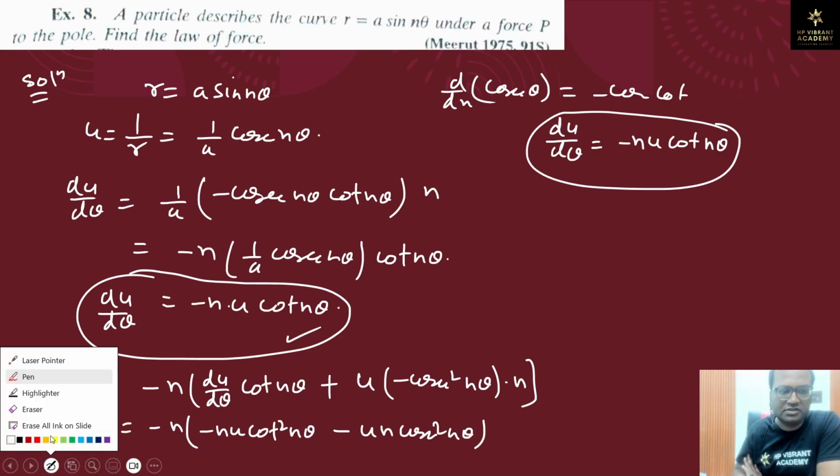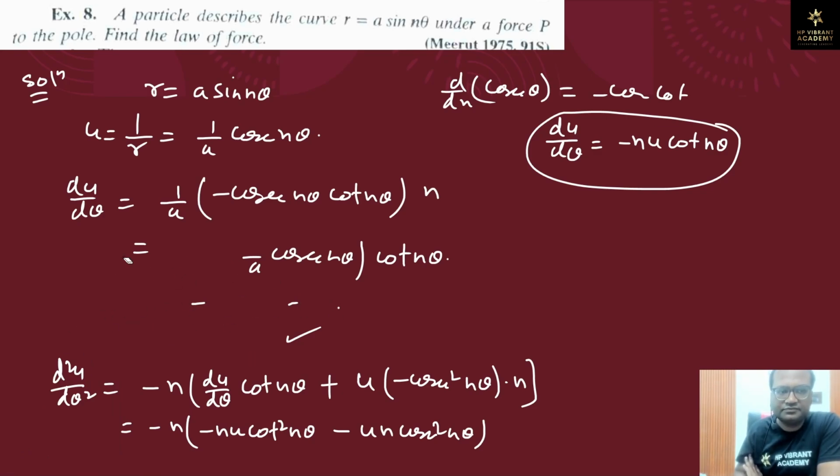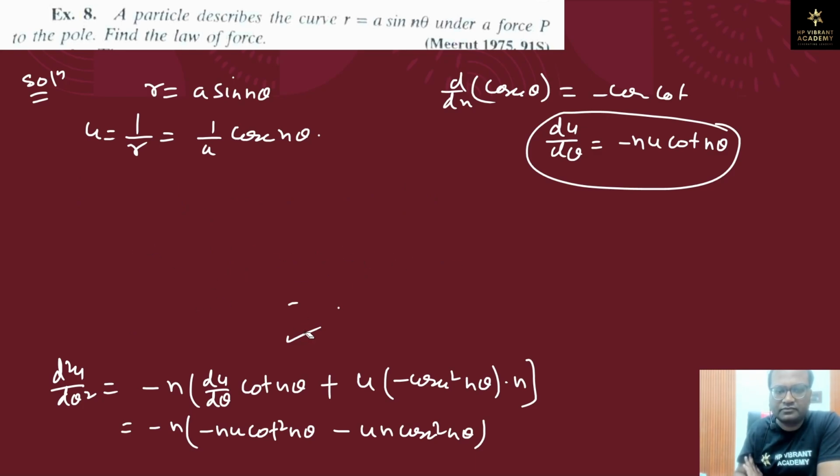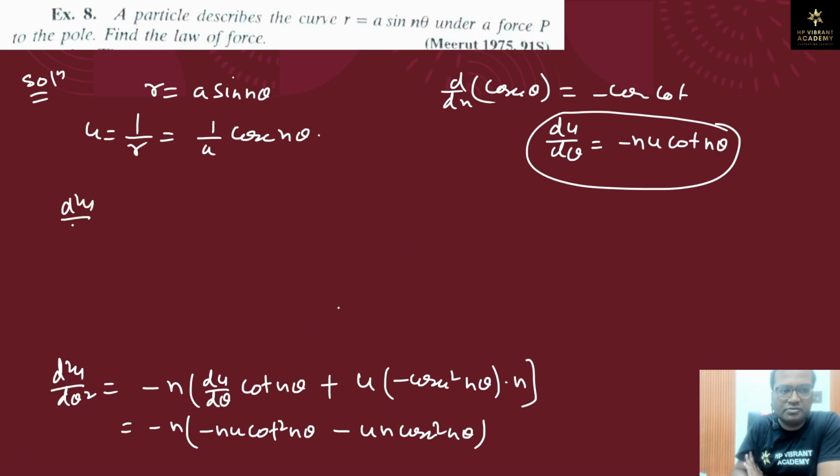Okay, so let us further simplify this. So we have d2u upon d theta square is equal to n square u common, cot square n theta plus cosec square n theta.